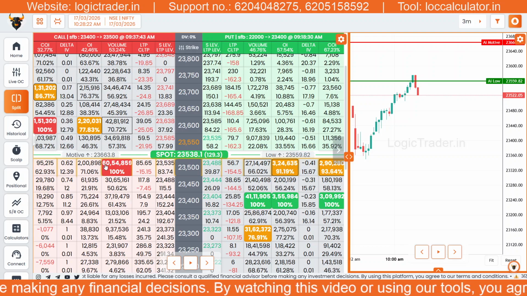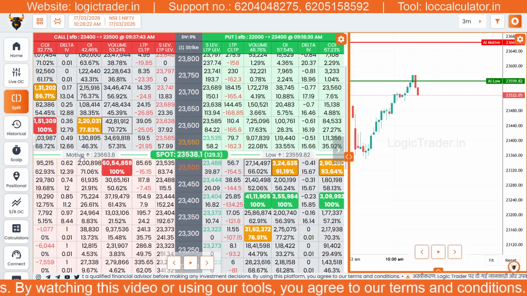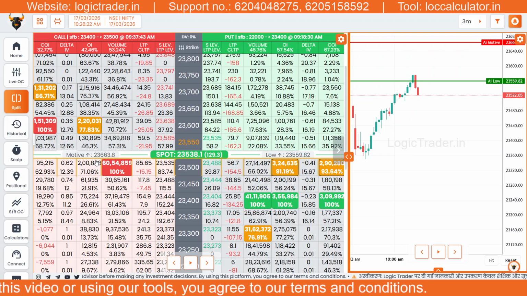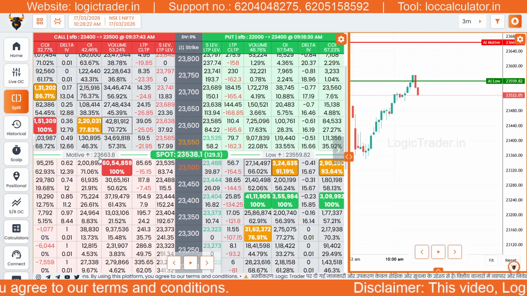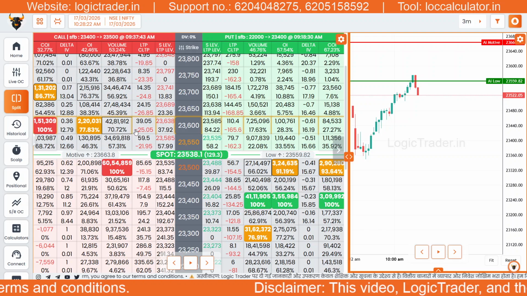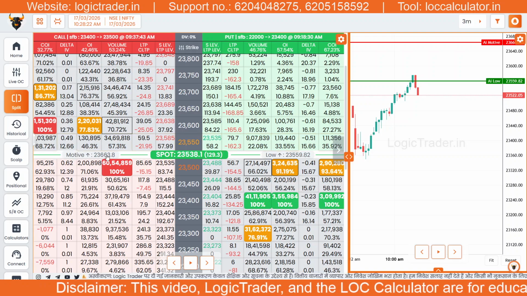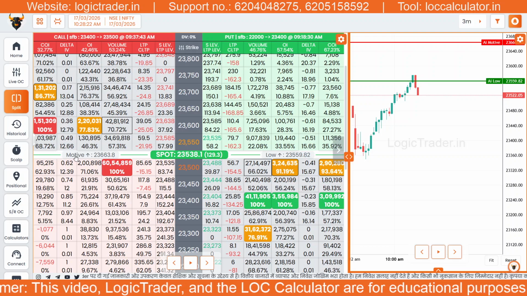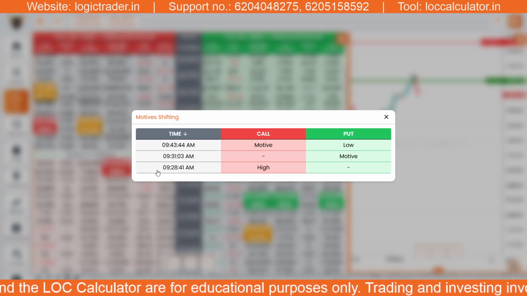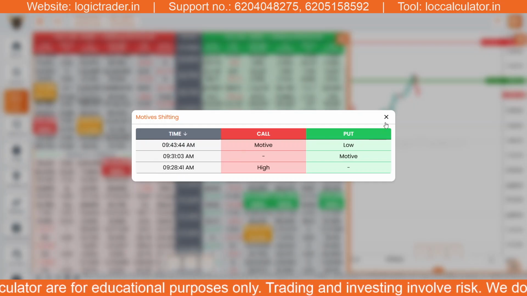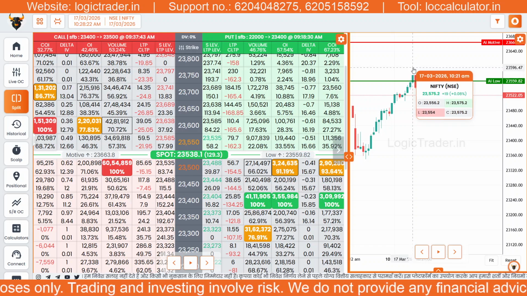If you want to take a trade from the Motive AI levels, and the motive is changing, for suppose in the morning the motive was in consolidation and after that it is in a bullish condition, then for confirmation you can wait for 3 minutes, and also check the motive shifting. By this you can get confirmation that the market is in a bullish condition.